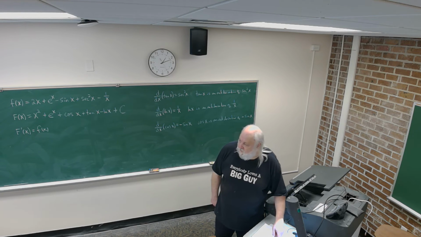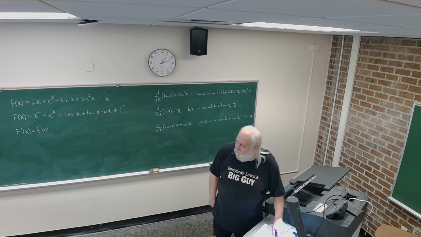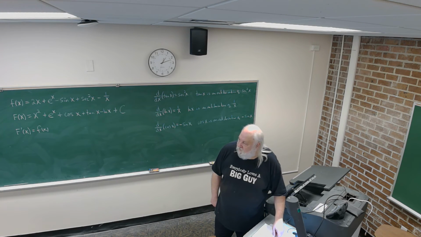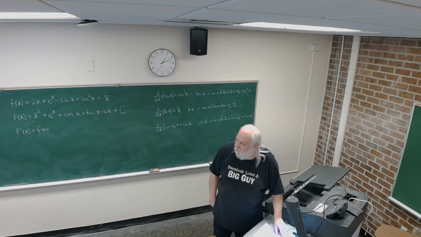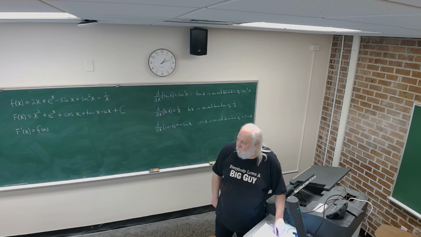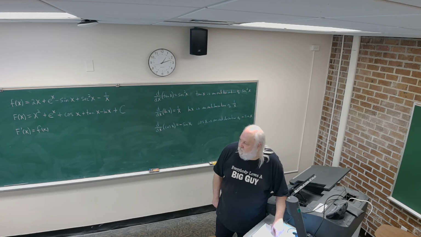It's important to indicate which variable you're finding the antiderivative with respect to. So this symbolism represents the most general antiderivative of little f, which we know is represented by big F of x plus the arbitrary constant c. Okay.